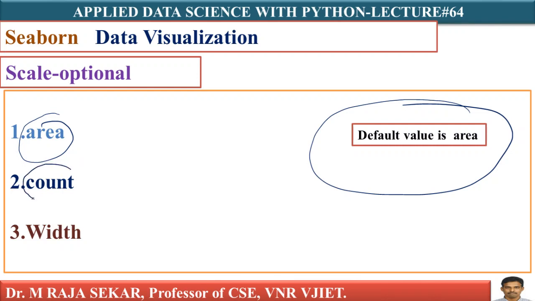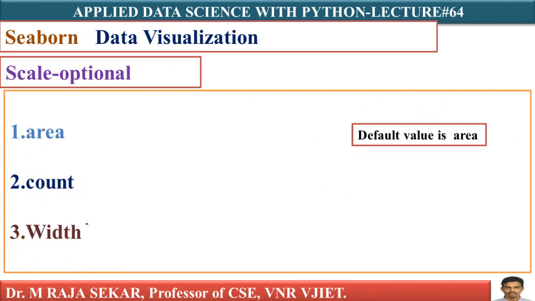If you assign scale equal to count, what does it mean? The width of the violins will be scaled by the number of observations in that bin. If you assign width to your scale variable, each violin will have the same width.